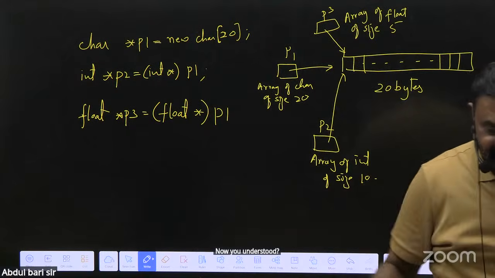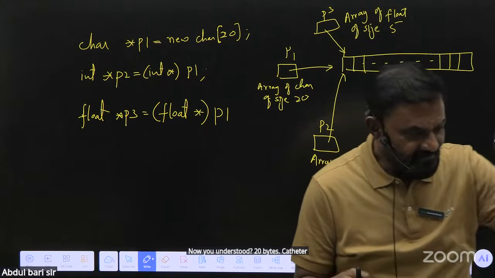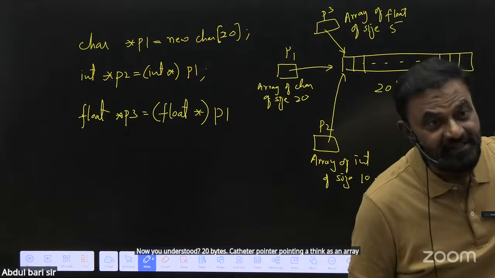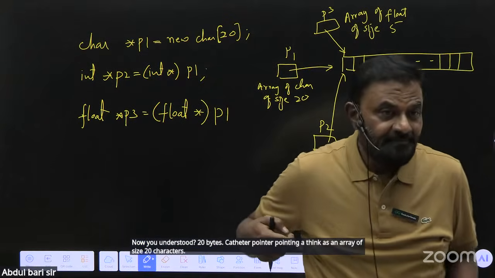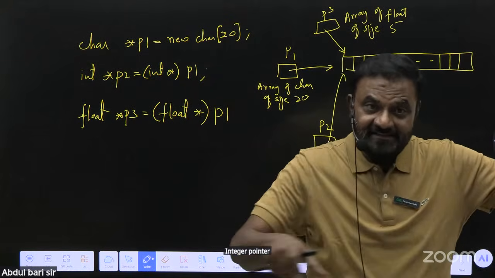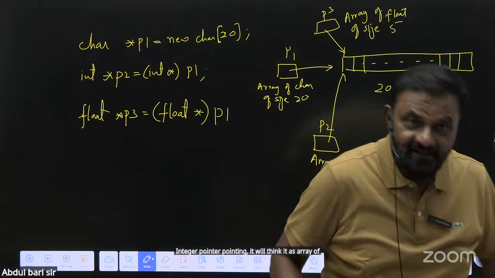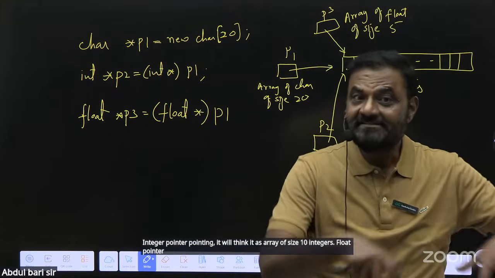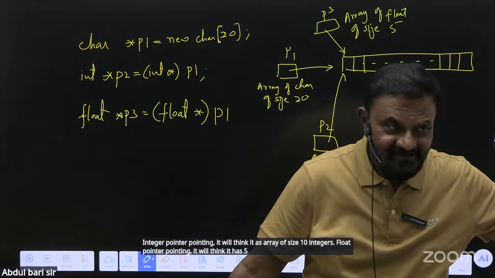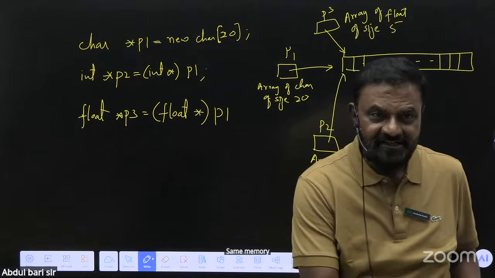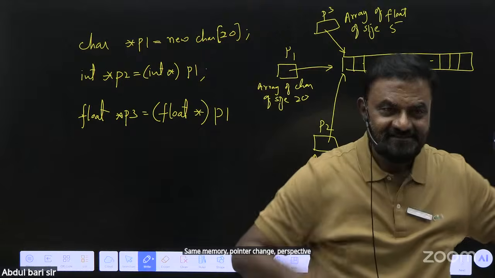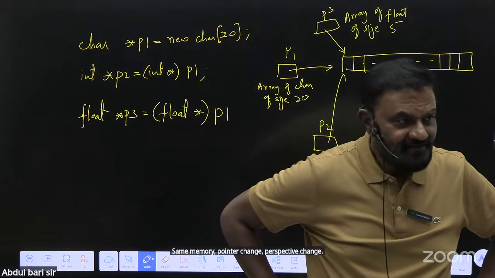20 bytes. A character pointer pointing to it thinks of it as an array of 20 characters. An integer pointer pointing to it thinks of it as an array of 10 integers. A float pointer pointing to it thinks of it as 5 floats. Same memory, pointer changes, perspective changes. Understood?